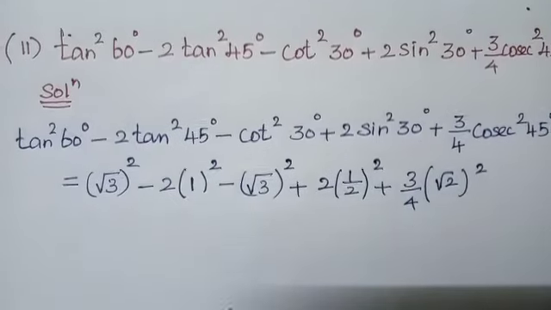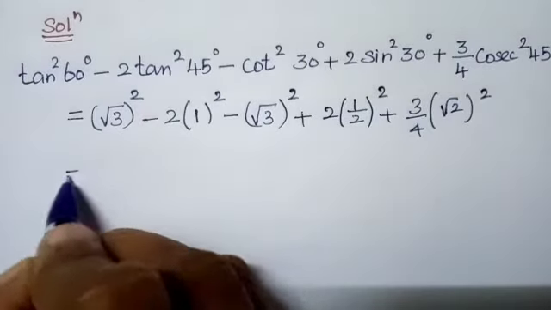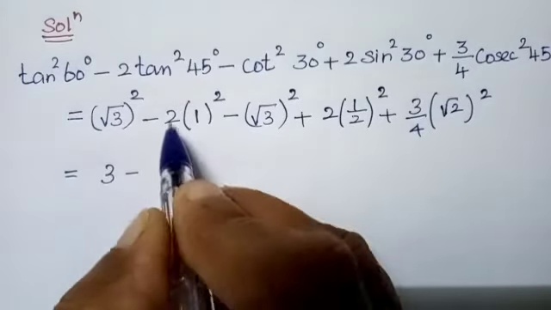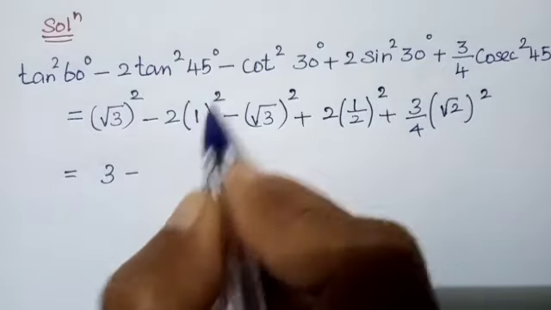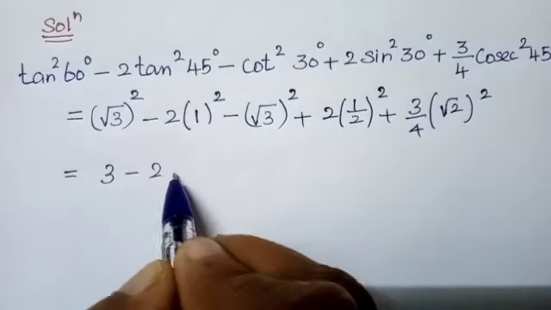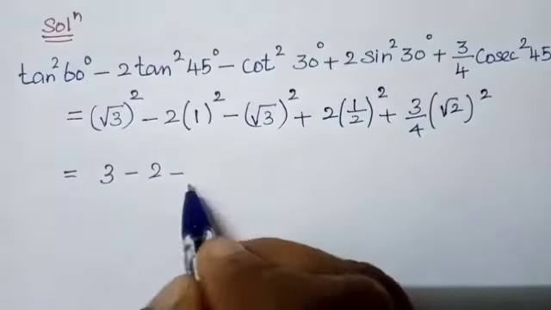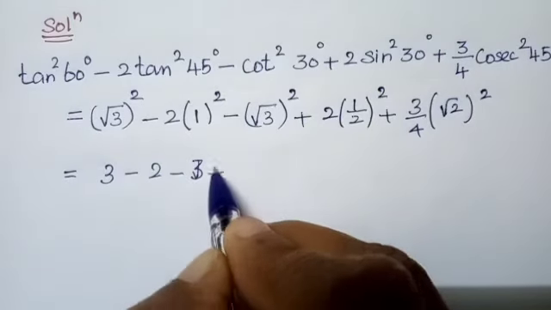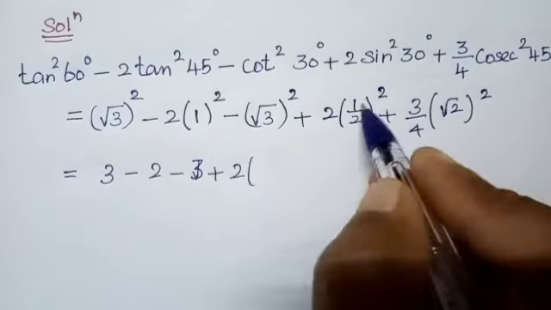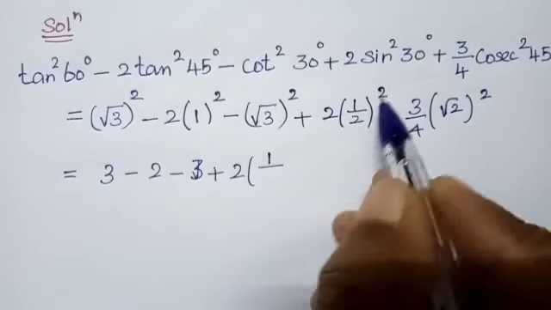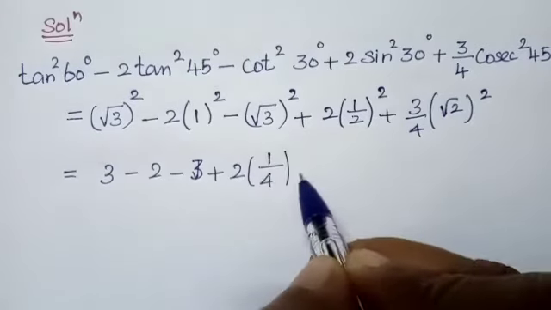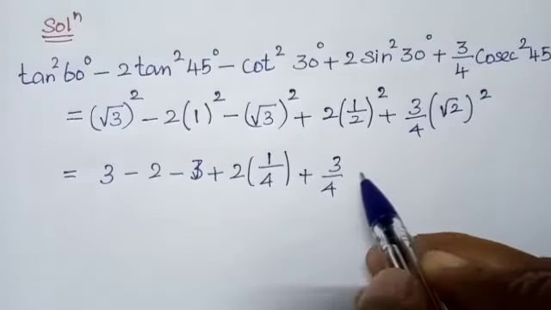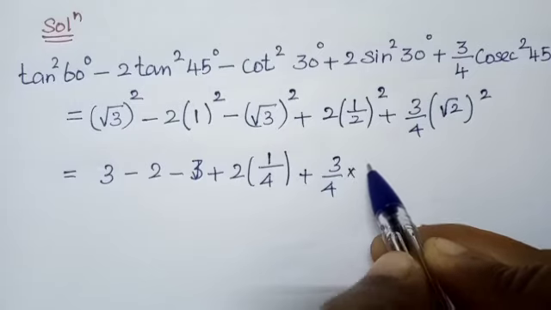Next, root 3 square is equal to 3, minus 2 into 1 square is 1, 2 into 1 is 2, minus root 3 the whole square, just 3, plus 2 into 1 square is 1 divided by 2 square 4, plus 3 by 4 into root 2 the whole square is just 2.